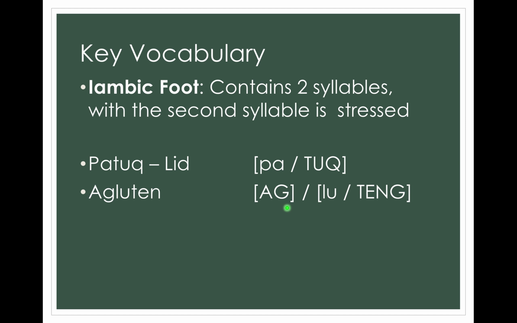And the second one, Arludung, we've talked about this one a little bit. Ar is a monosyllabic foot. It's stressed. It's alone in those brackets. The second part of that word is an iambic foot, which contains two syllables. The second syllable is stressed.